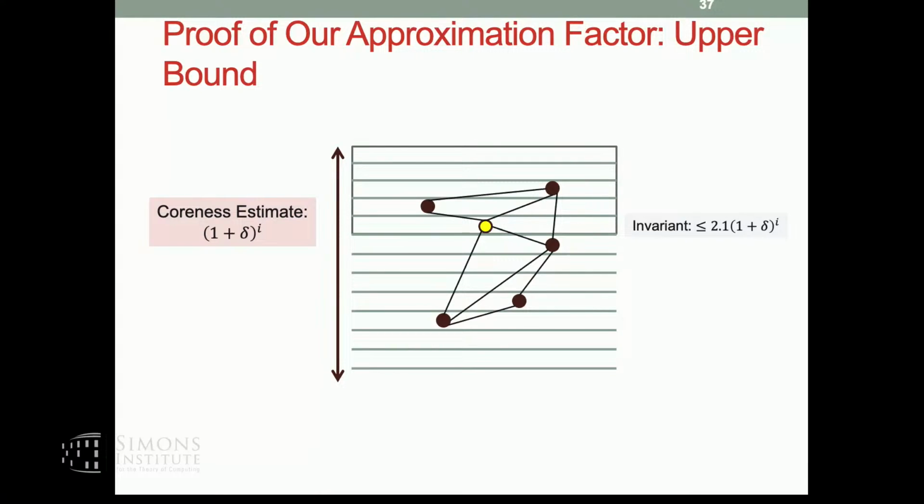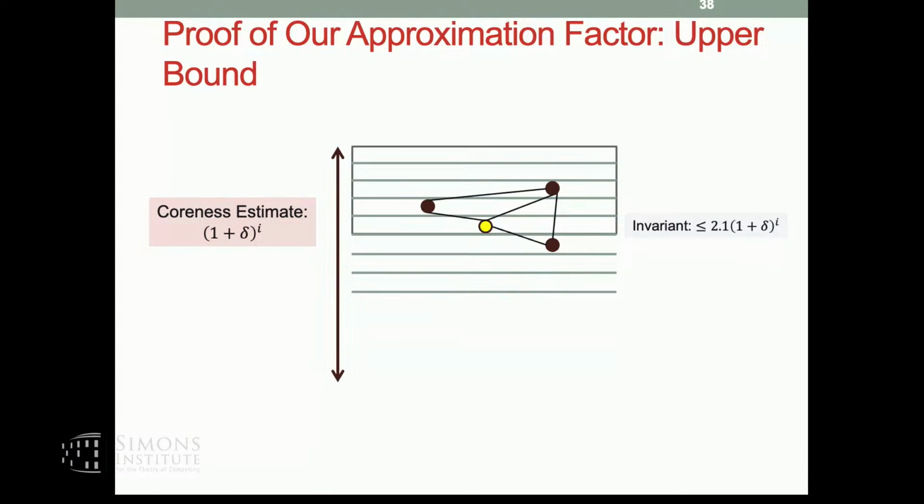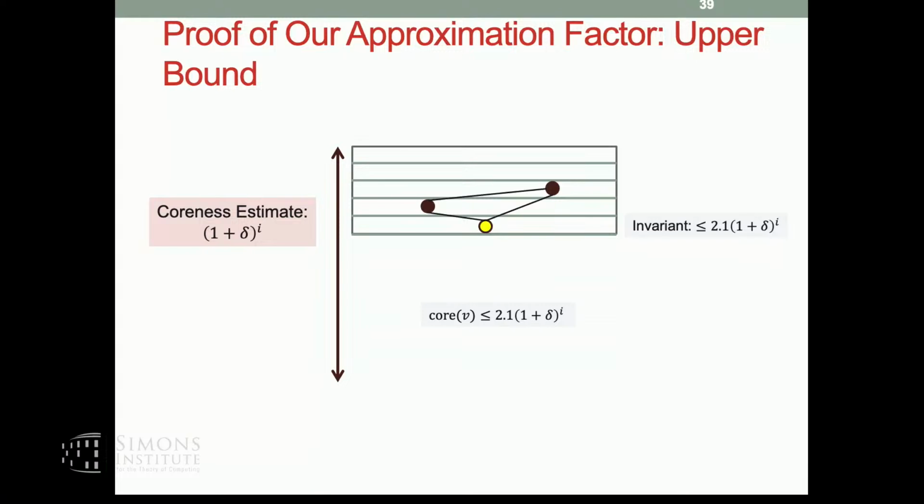Okay, so let's look at this yellow vertex here and imagine the peeling process. I'm going to get rid of the vertices that are lower down first, and then eventually I'm going to get rid of all of the neighbors of the yellow vertex that are below it. When I peel off this yellow vertex, by definition its core number is upper bounded by its up degree at this point.